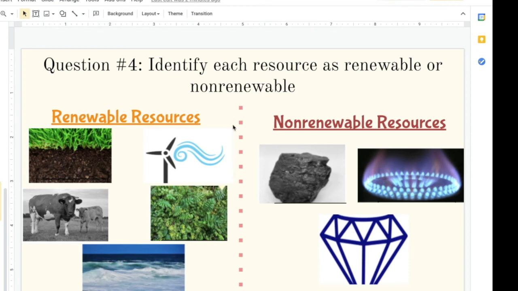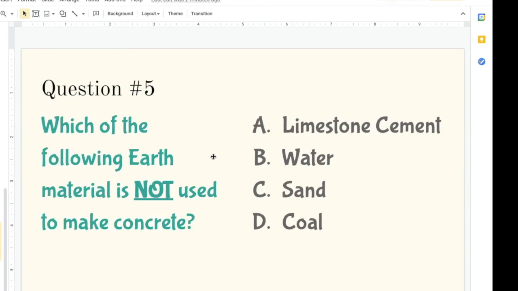Let's move on to question 5. Question 5 is asking about concrete. It says, which of the following earth material is not used to make concrete? Is it A, limestone cement, B, water, C, sand, or D, coal?